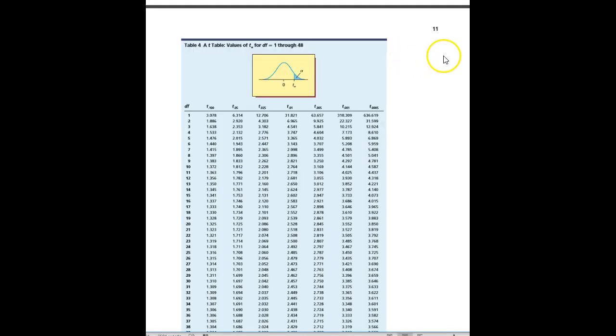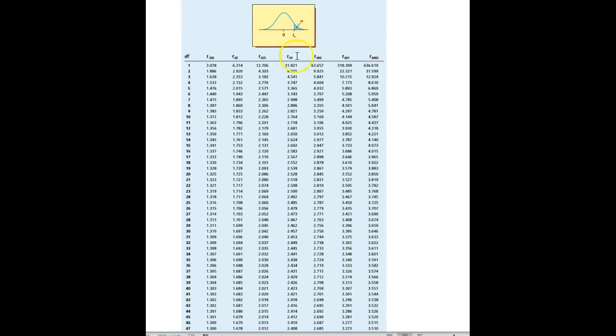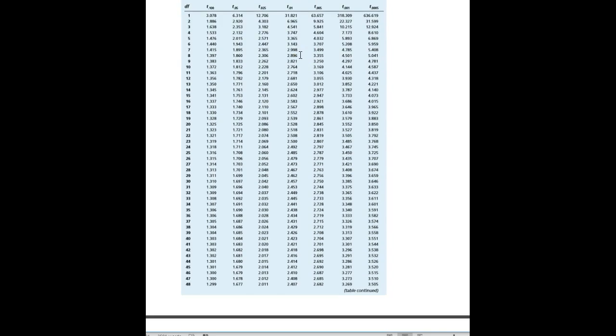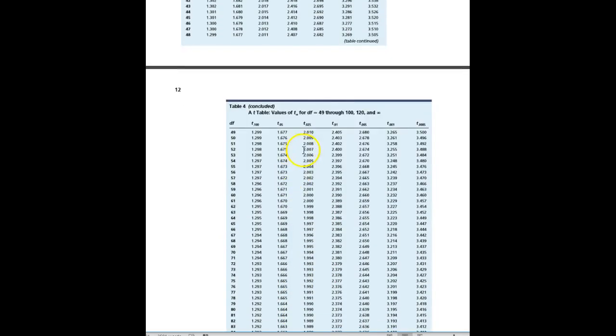Then you would look that up in your table, and I'll go ahead and show you how to do that, even though I know we've done this before. We go over to this table, we look for t of 0.01, because that's our alpha level, and then we scroll down to our degrees of freedom number, which is on the next page. T of 0.01, degrees of freedom 49, we get 2.405.